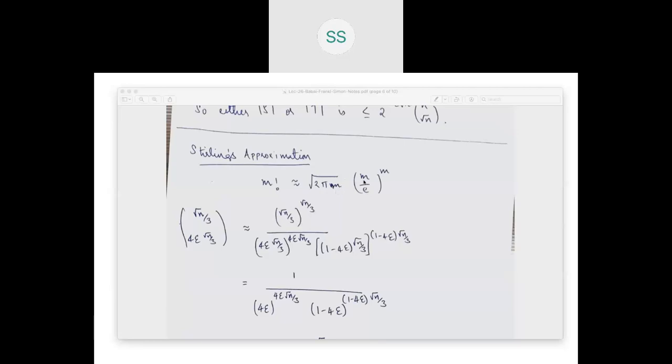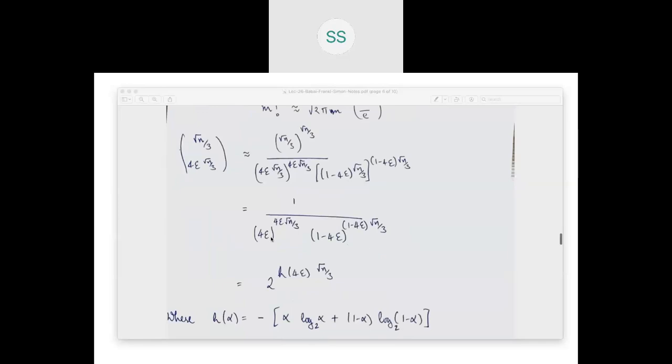So the only thing that we are going to consider, when you are approximating the binomial coefficient, is the m power m thing. So square root n by 3 gives you this, and the denominator as well. And I can cancel again, now see that the square root n by 3 also cancels with the square root n by 3 available here and here. So we just have 1 by 4 epsilon power 4 epsilon square root n by 3 and 1 minus 4 epsilon power 1 minus 4 epsilon square root n by 3.